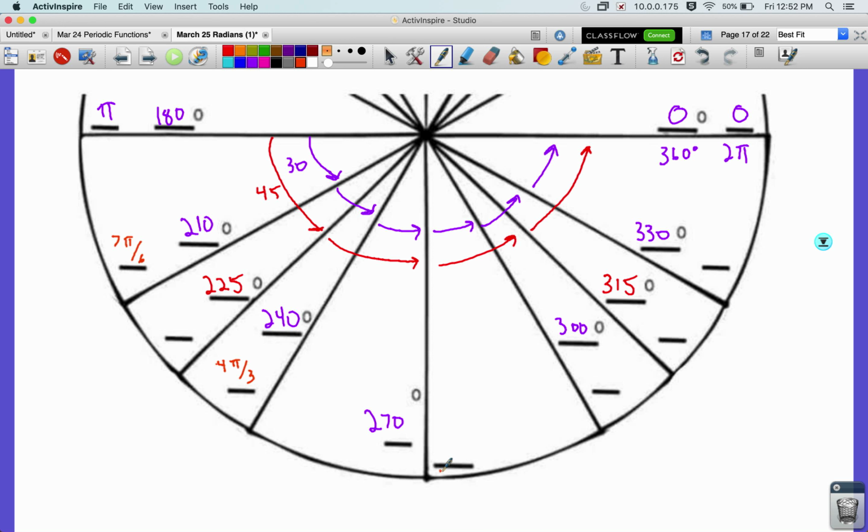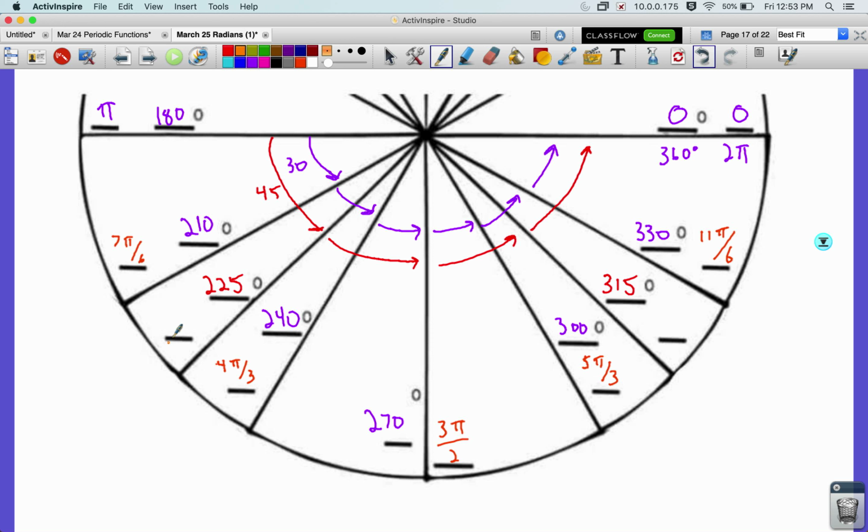This one becomes 9 pi over 6, which simplifies to 3 pi over 2. 10 pi over 6 simplifies to 5 pi over 3, and 11 pi over 6 doesn't simplify. And then double check, 12 pi over 6 does simplify to 2 pi.